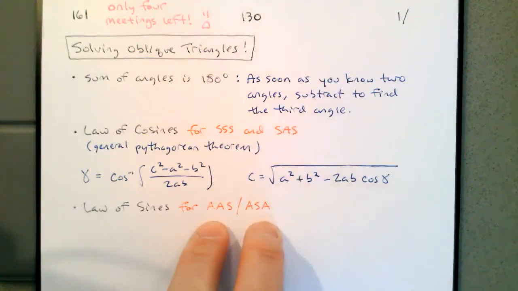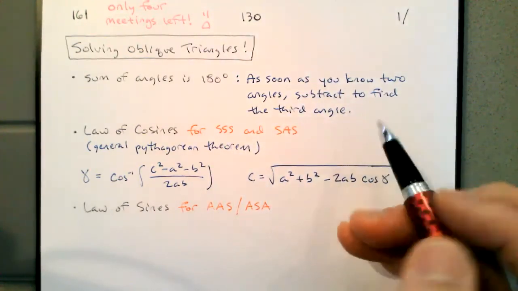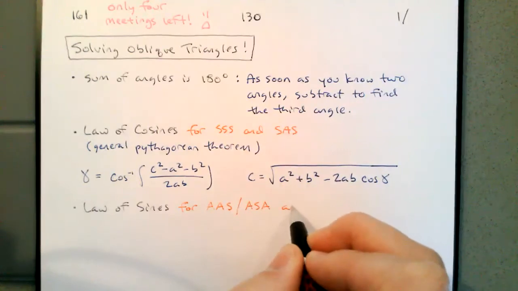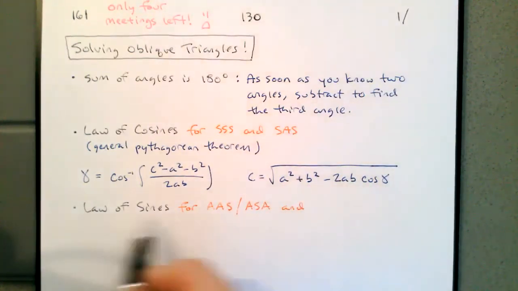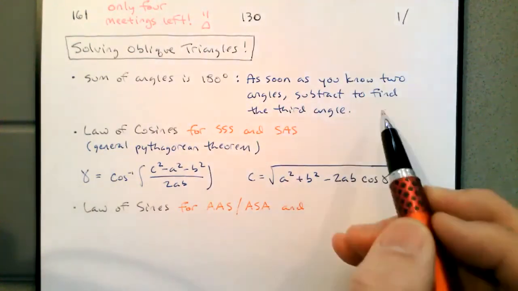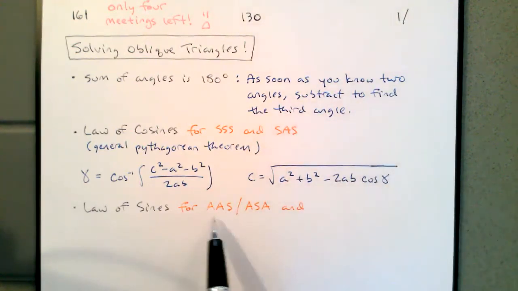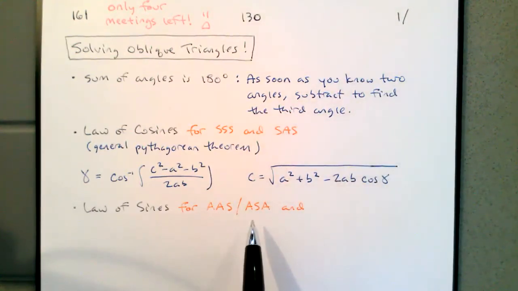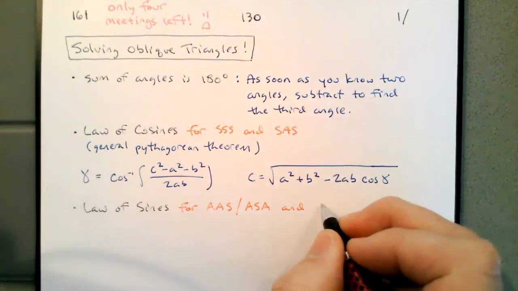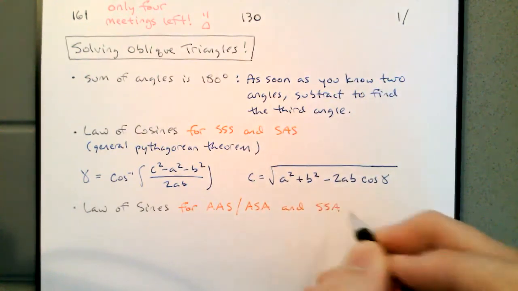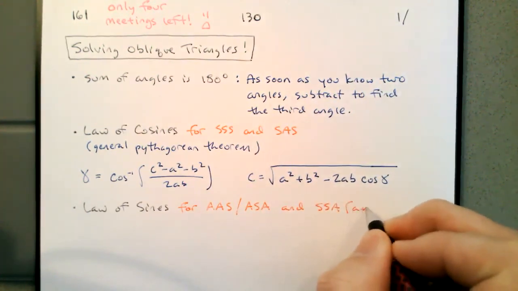If we have two angles, we have three angles. So before we're even using the law of sines, we should subtract to find the third angle in this two angles case. And then there's the side-side-angle case, which is the ambiguous one.